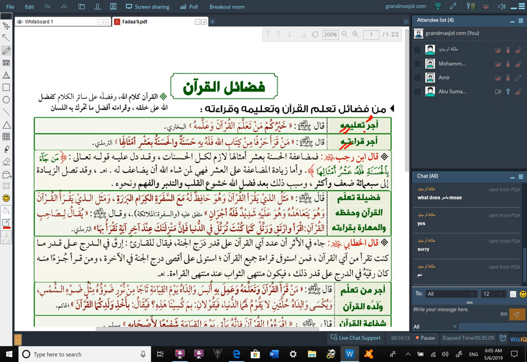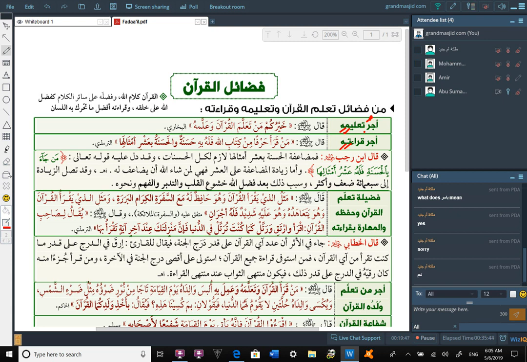Hasana, he gets an ajr, a good deed for that letter. Wal hasanatu, and the good deeds, bi ashri amthaliha, are by 10 of their likes, meaning 10 of their kind, meaning every good deed has the multiplication of 10.